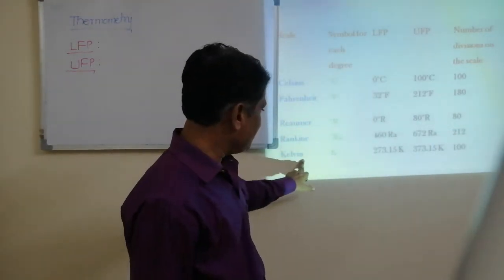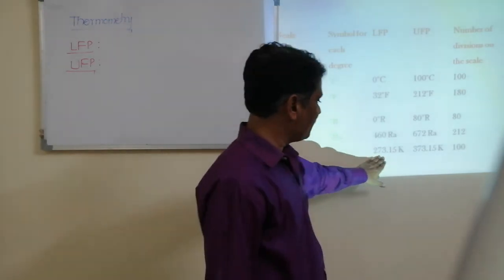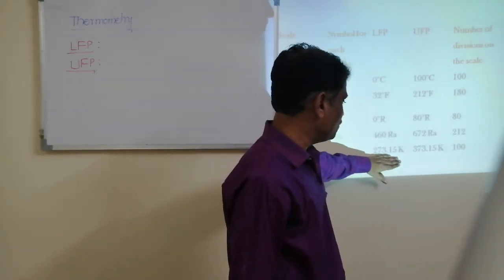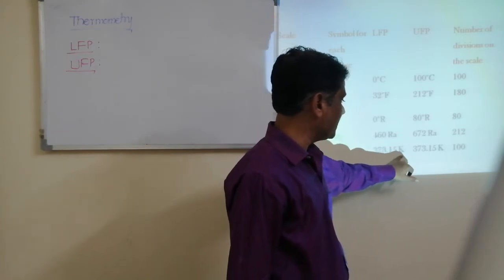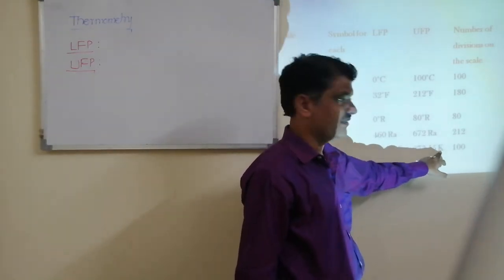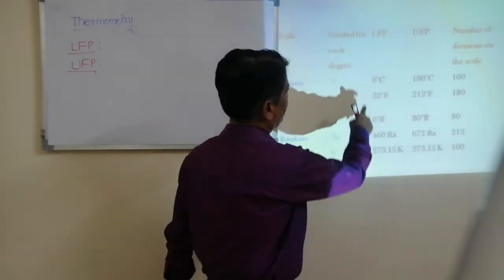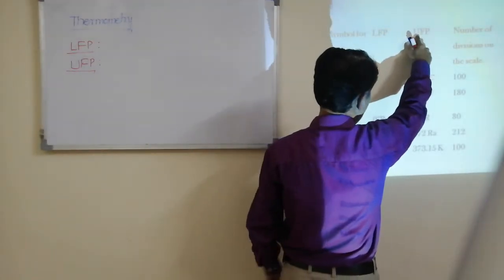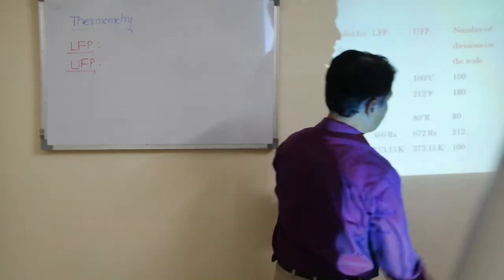Then the Kelvin scale, the lower fixed point is 273.15 Kelvin and the upper is 373.15 Kelvin. Between the lower fixed point and upper fixed point, the number of divisions is 100.